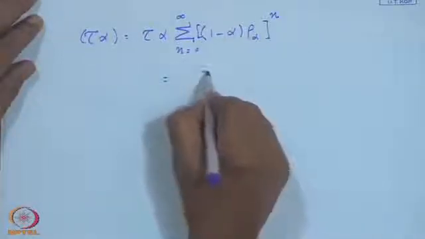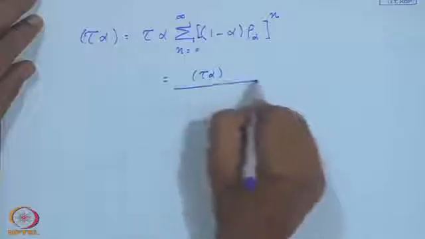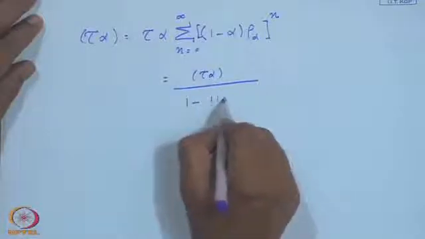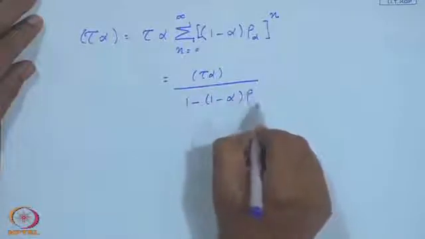This should be equal to tau alpha by binomial expansion over 1 minus (1 minus alpha) times rho d.